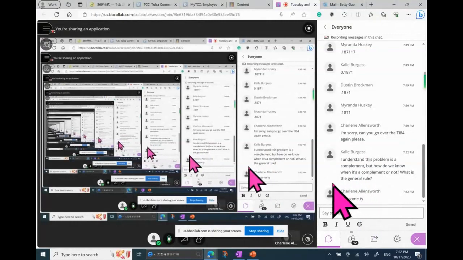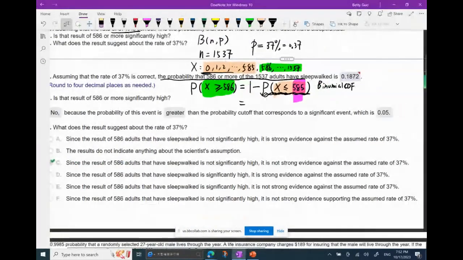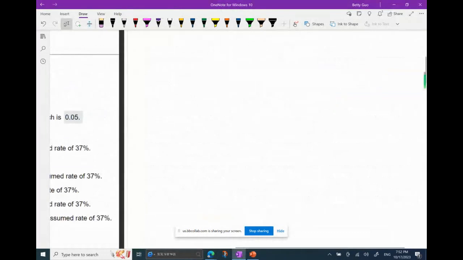Very good. And Kelly asks: I understand this problem is a complement, but how do we know when it's a complement or not? What is the general rule? That's a good question. For binomial we only have two functions in the calculator.